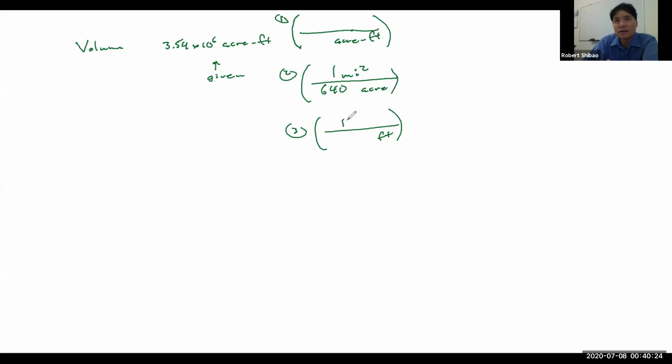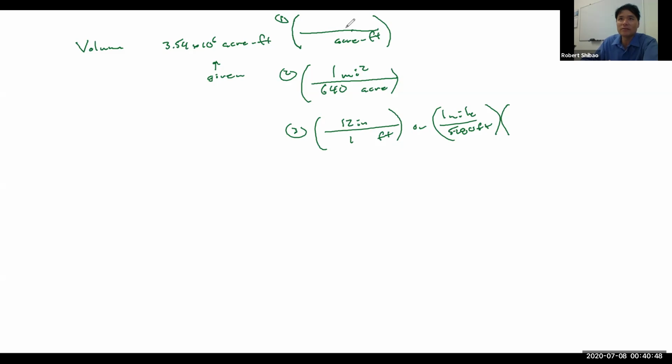So for example, I could go to 12 inches is 1 foot, or I could go to 1 mile is 5,280 feet, or are there any others? Yeah, there are others, but I don't know. That's about it. Which one do you want to go with?